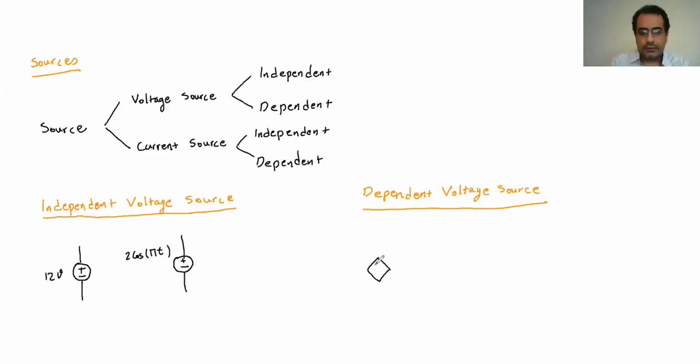And then it says, okay, it's positive, it's negative, and then assume it's connected to an element like that. And that element has the voltage of Vx. Usually this one is going to be, for example, like that. So assume, for example, here is going to be 2Vx.